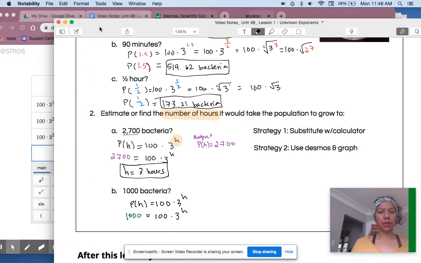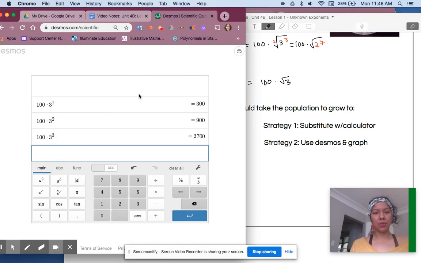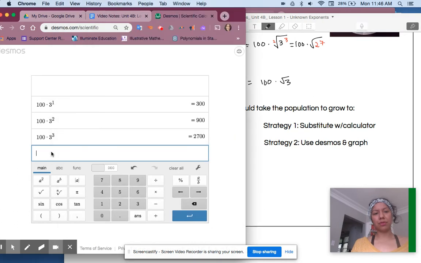We already typed 1, 2, and 3 into our calculator, and none of those values equal 1,000, so we have to find something in between. We can tell that 1,000 is between 900 and 2,700, so it's somewhere between the exponent of 2 and 3, somewhere between 2 and 3 hours.